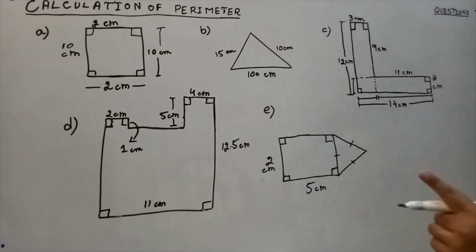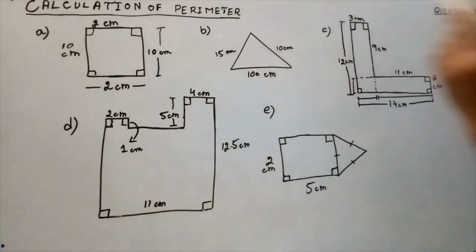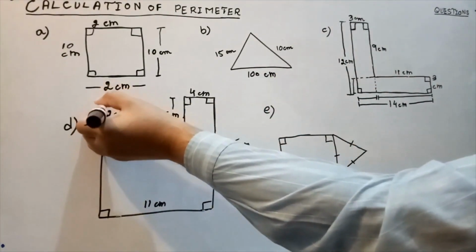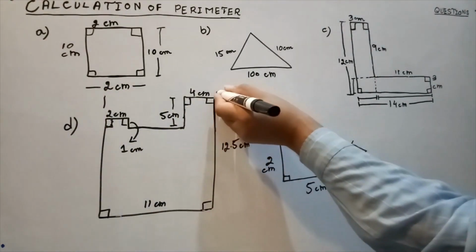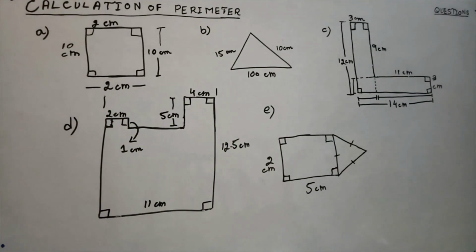This one is 2 centimeters, this one is 4 centimeters. From here to here I have 11 centimeters.